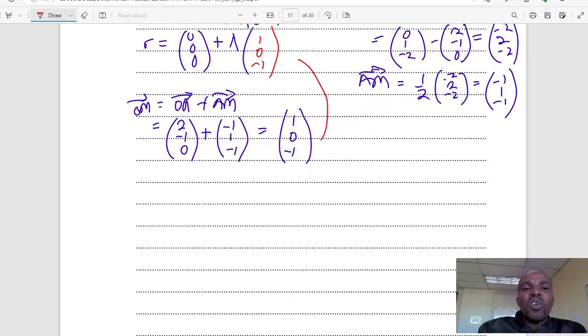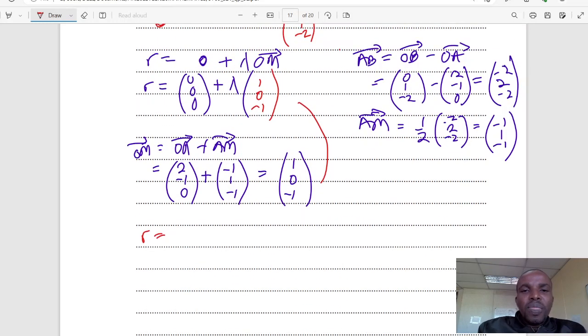The vector equation of our line from O to M will be r equals lambda times (1, 0, minus 1), because (0, 0, 0) is the origin. Take note of that part.